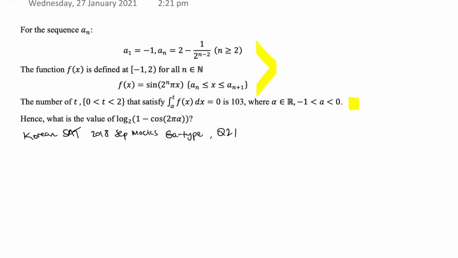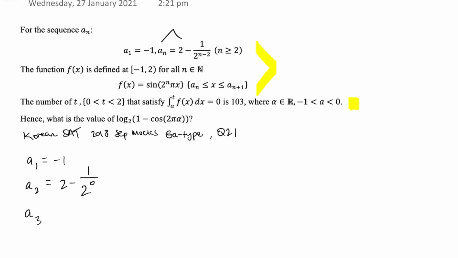First, we can start off by writing the first few terms of the sequence a of n. When n is 1, a of 1 is already defined to be -1. And then once we go to a of 2, we can use this equation here. So a of 2 is equal to 2 minus 1 over 2 to the power 0.